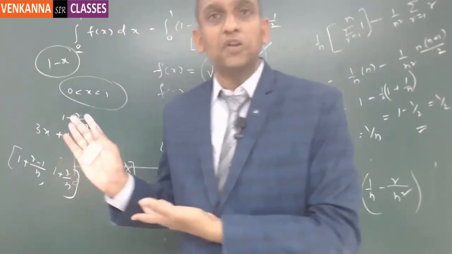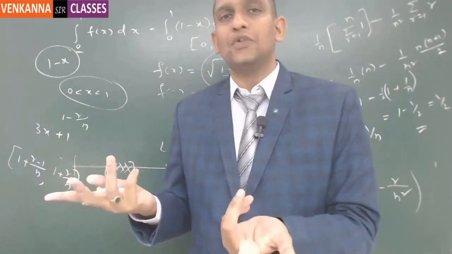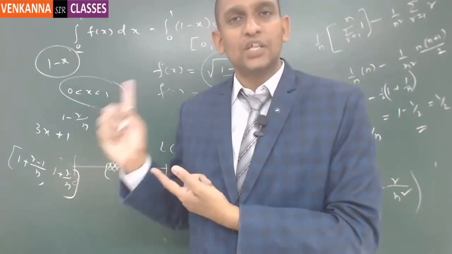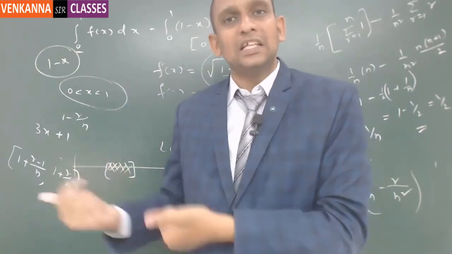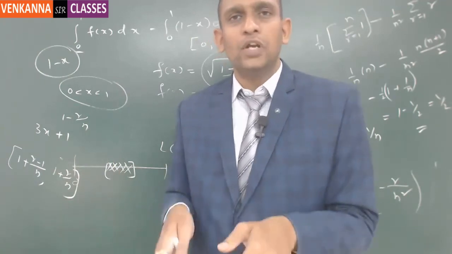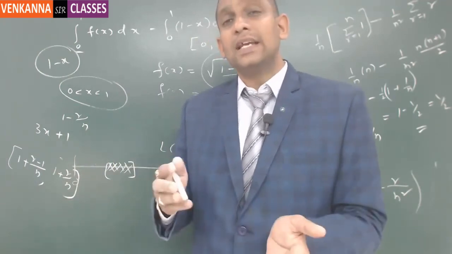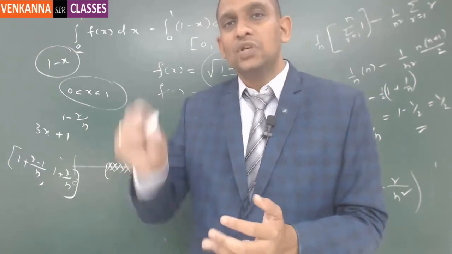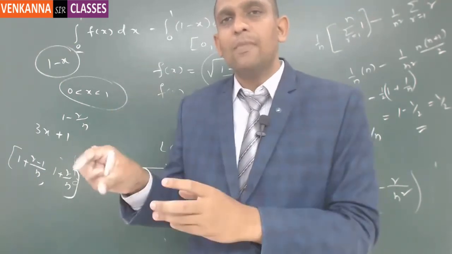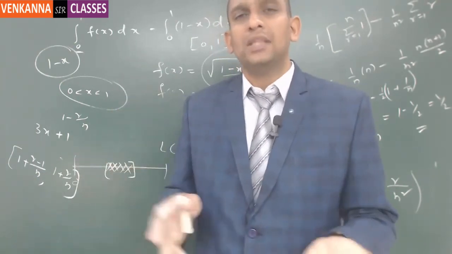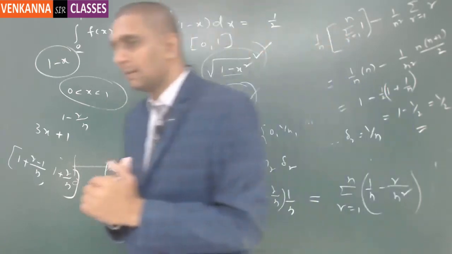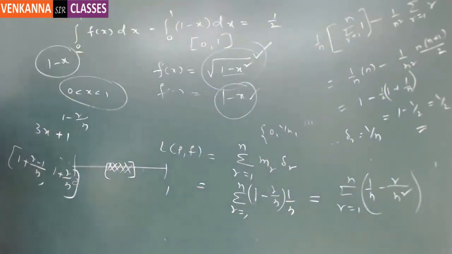Since the function is not unique, because it is assuming two values, root of 1 minus x square is one value and 1 minus x is the other value. The only thing you are going to find is, since it is taking rational and irrational values, which function is giving the infimum and which function is giving the supremum. That is the whole thing we are bothered about. That's all. Okay?